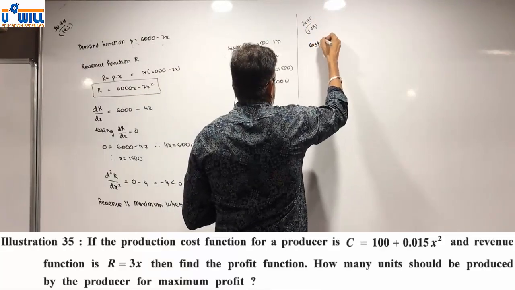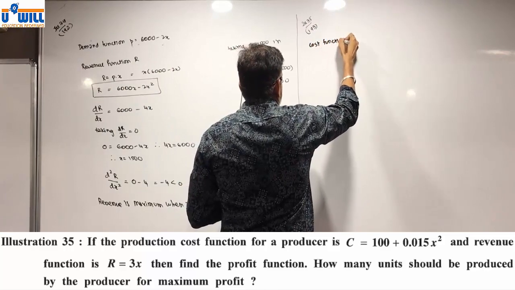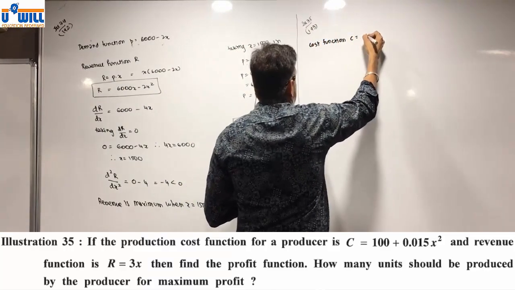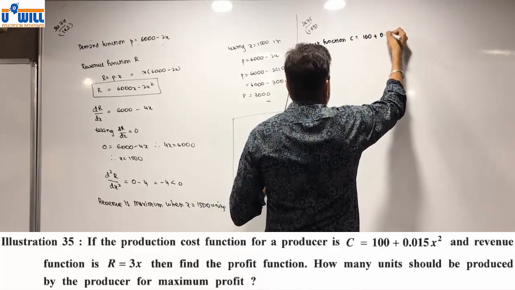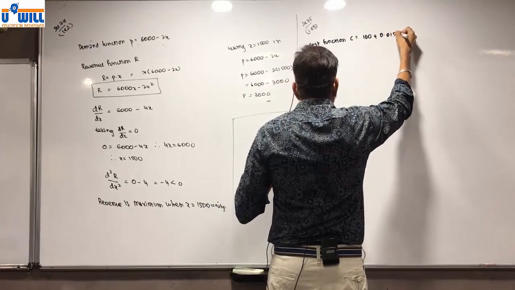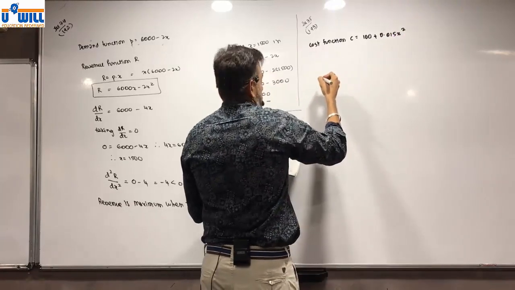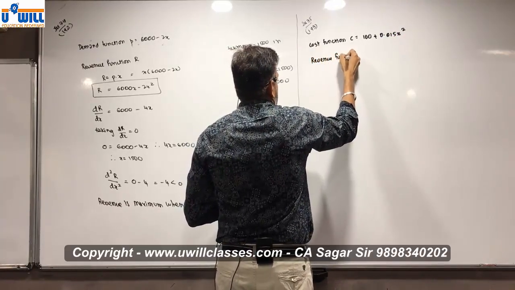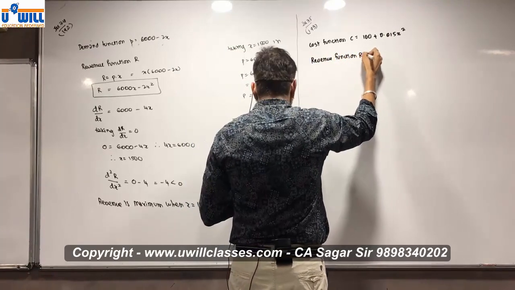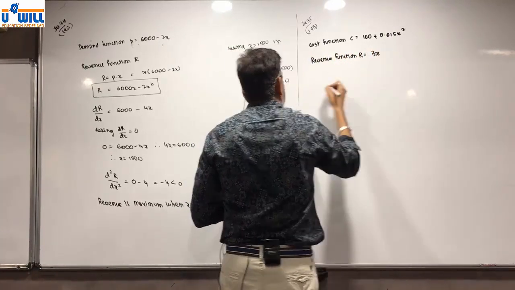Cost function C is equal to 100 plus 0.015x square and revenue function R is equal to 3x.